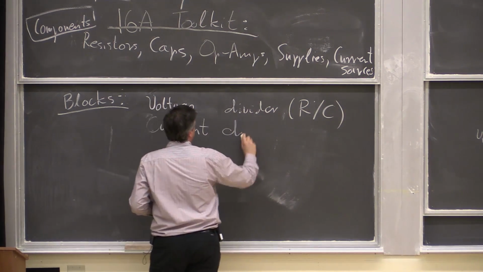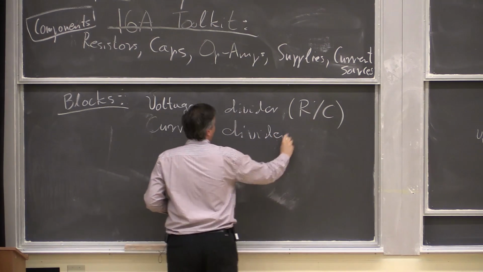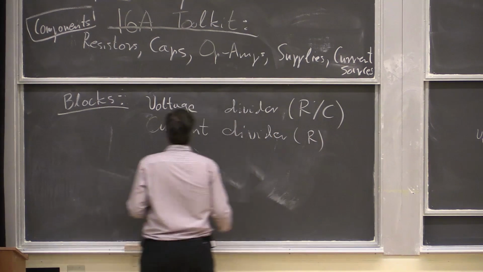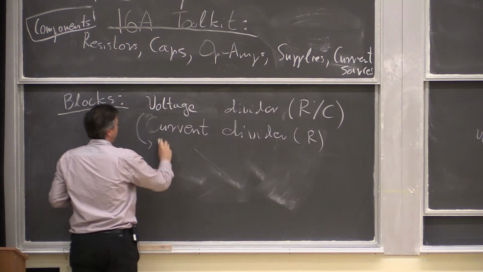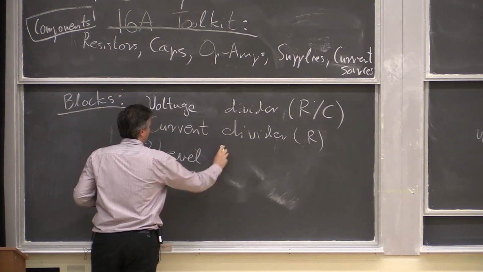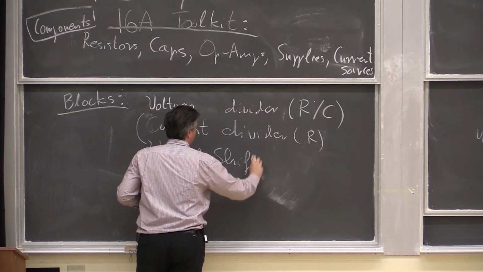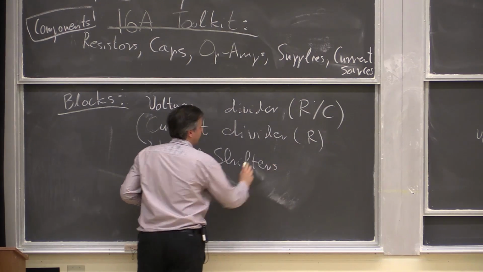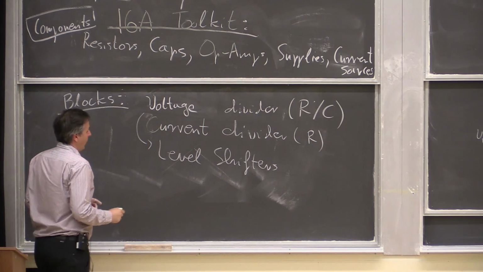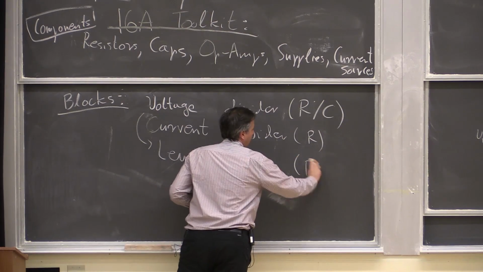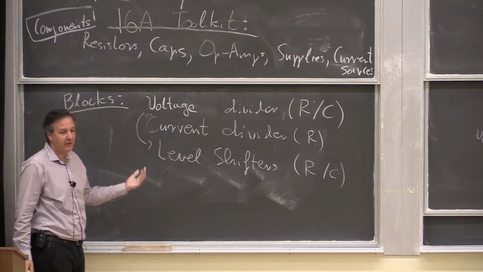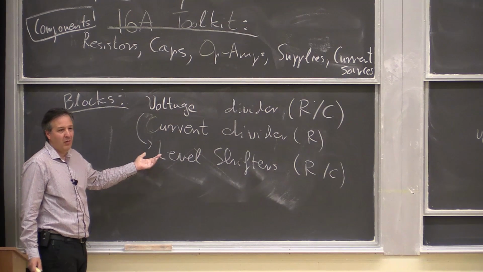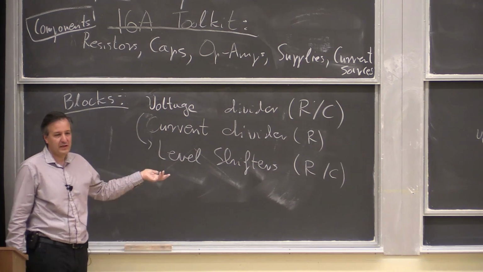Current dividers. In this category of voltage dividers, we also have level shifters, as you'll see in the discussions. These are usually R, but can sometimes be a C. Then we have, these are pretty much all of the things with R's and C's.